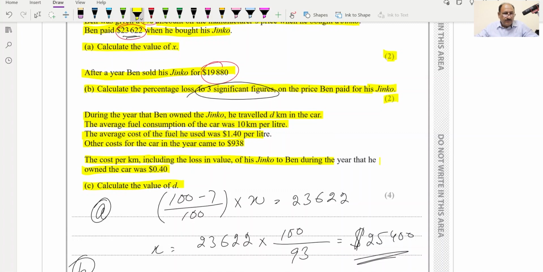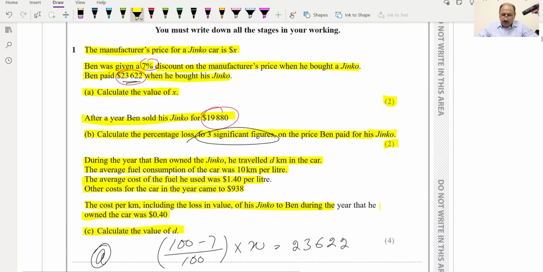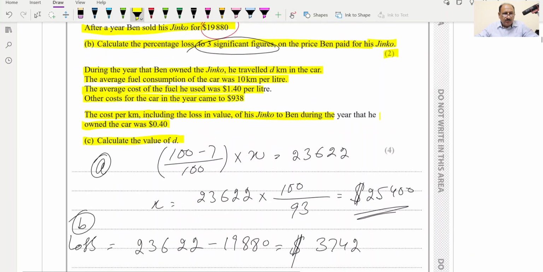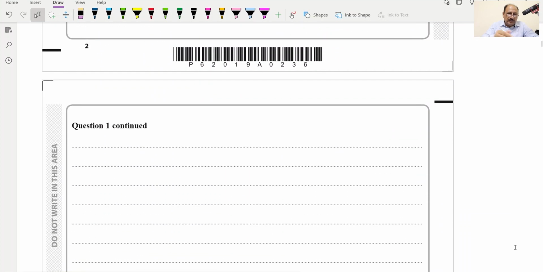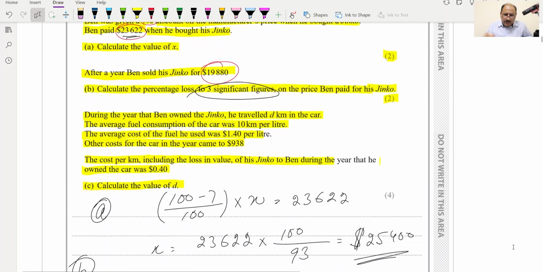So value of D we need to calculate. So D over 10, we can write down the equation. So what will be the equation? This will be C part, which we will be calculating. So D over 10, this will be multiplied by 1.4, which is per liter.